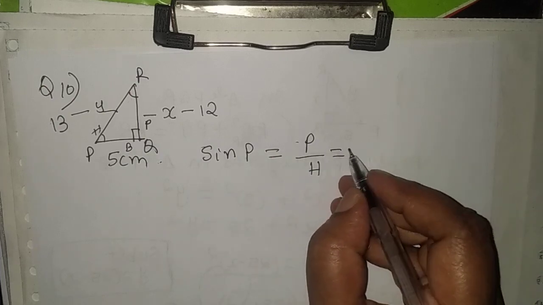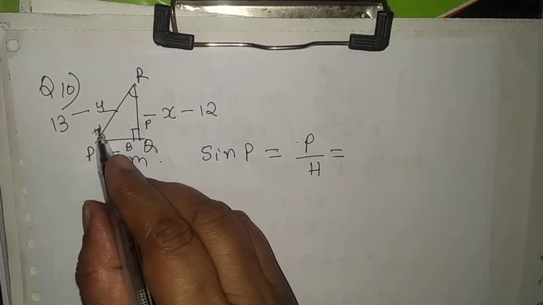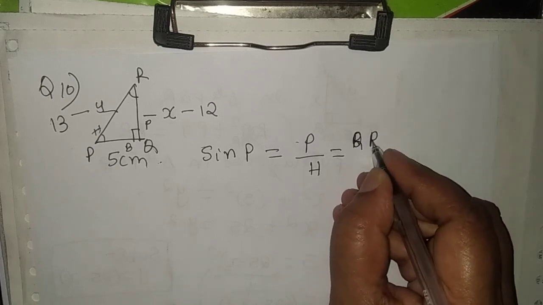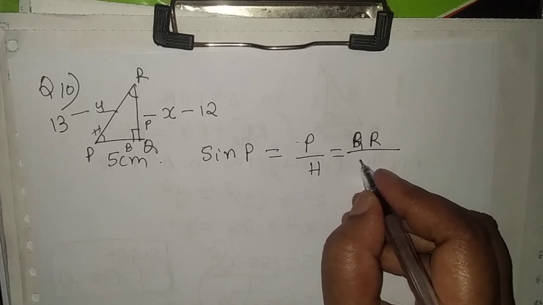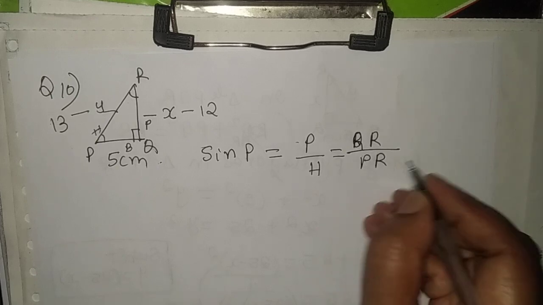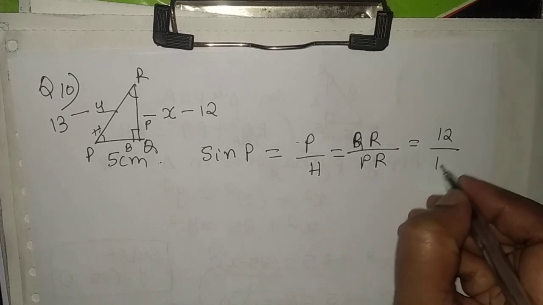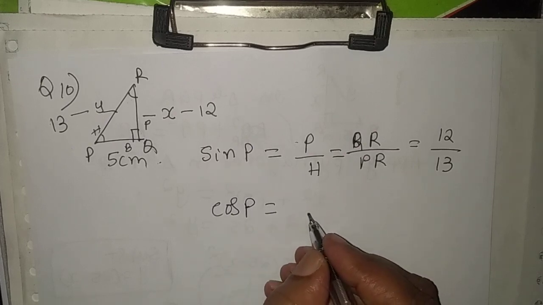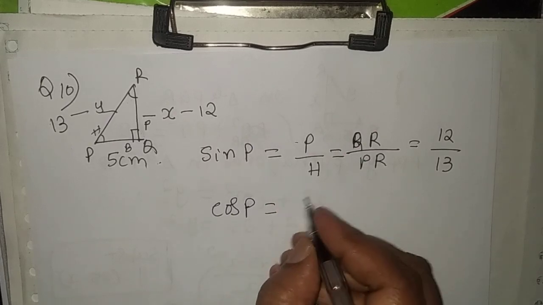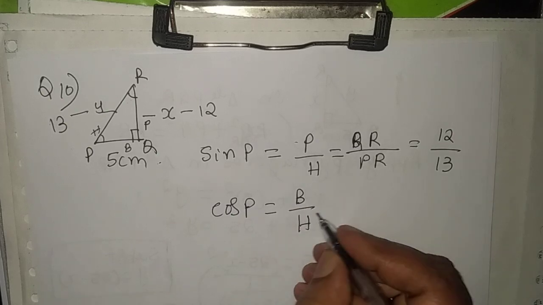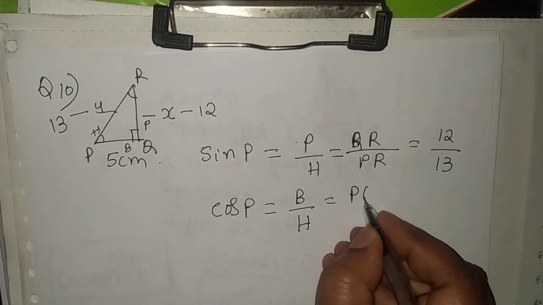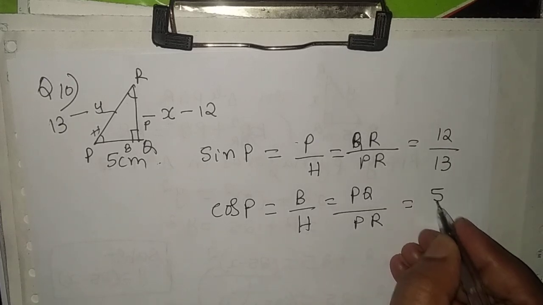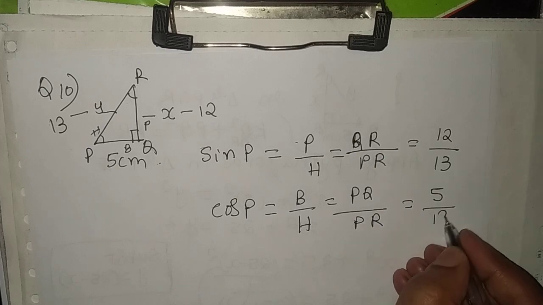So sin P is perpendicular by hypotenuse, which means QR by PR, which is equal to 12 by 13. Now what is cos P? Base by hypotenuse. Base here is PQ, hypotenuse is PR, which is equal to 5 by 13.